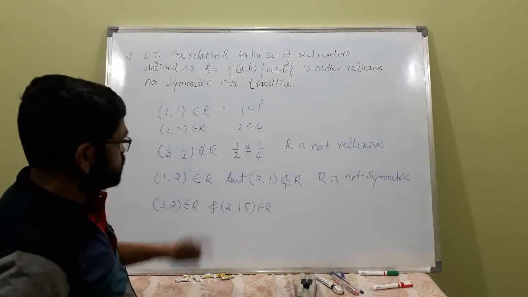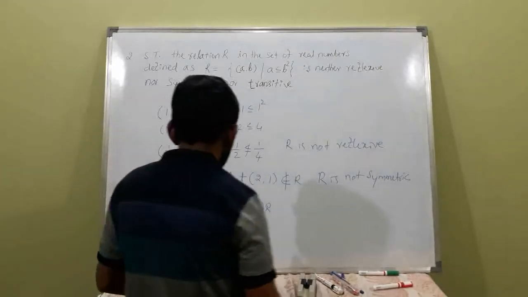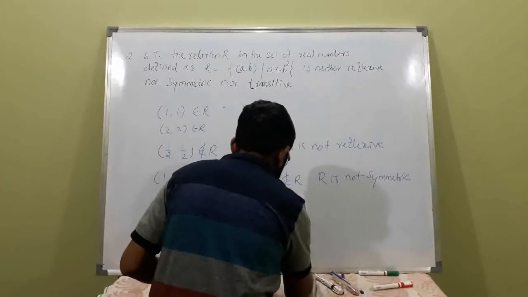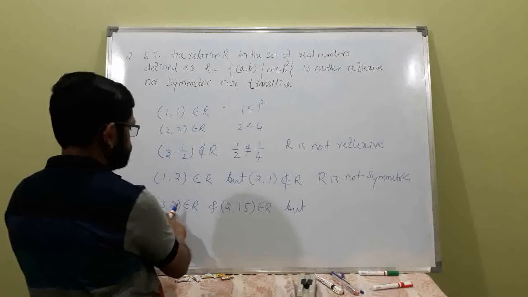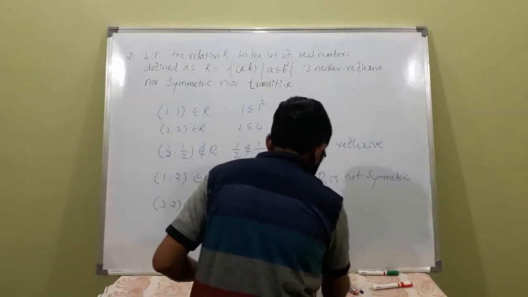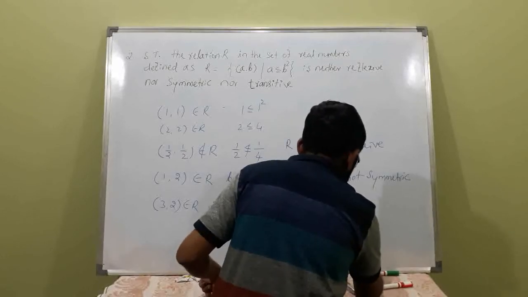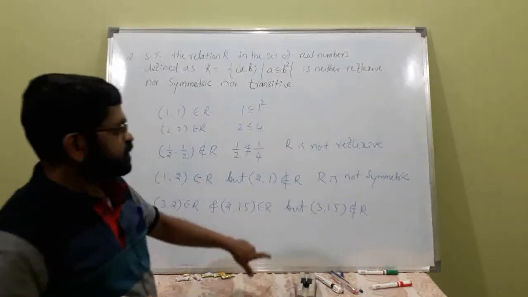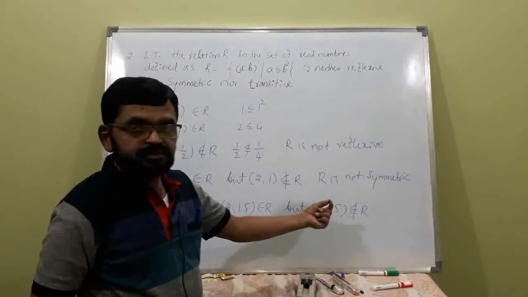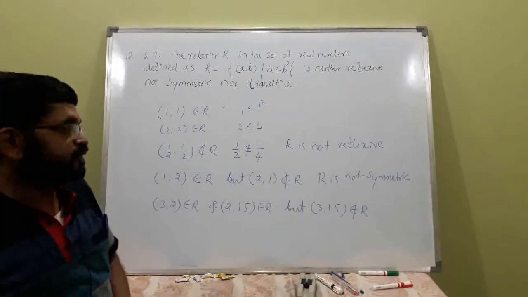Both are in the set R, but (3, 1.5) is not an element of R because 1.5 whole square is 2.25, and 3 is not less than 2.25.